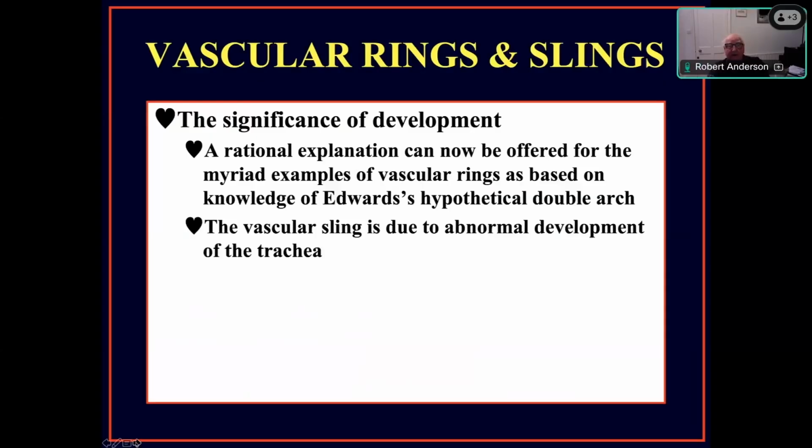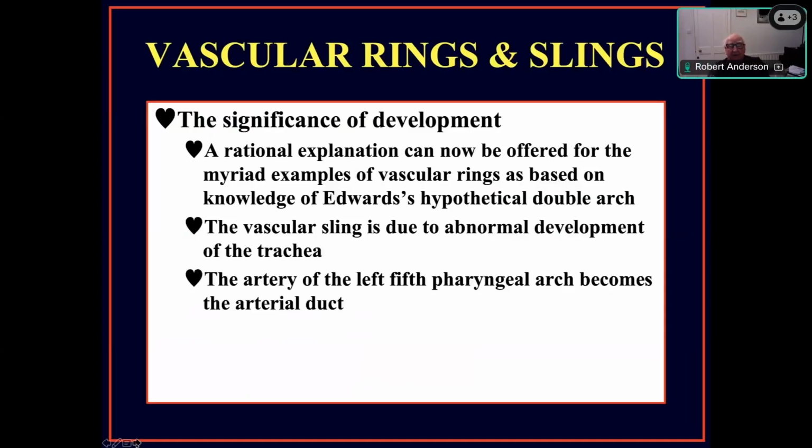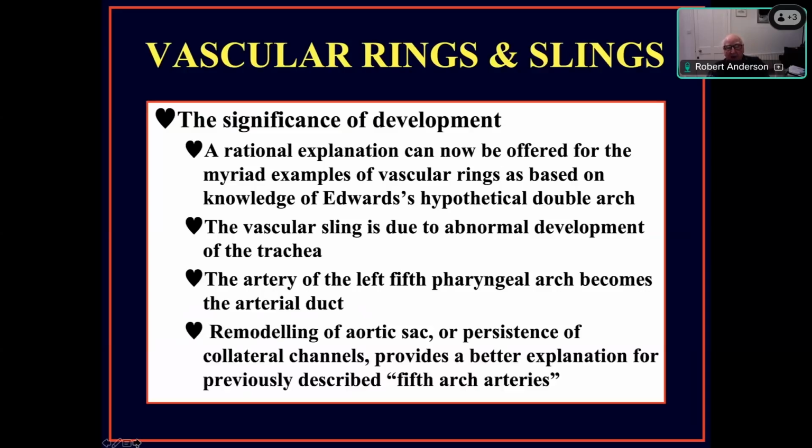Vascular sling is abnormal tracheal rather than vascular development. And as I've said, we only have 5 sets of arches. So those rare lesions that you might consider fifth pharyngeal arches are far better explained either as collateral channels or because of remodeling of the aortic sac.